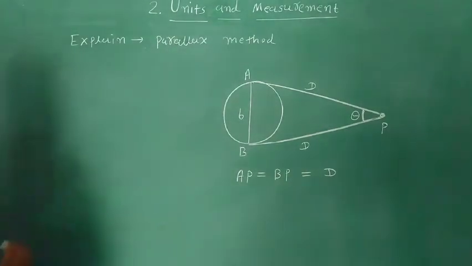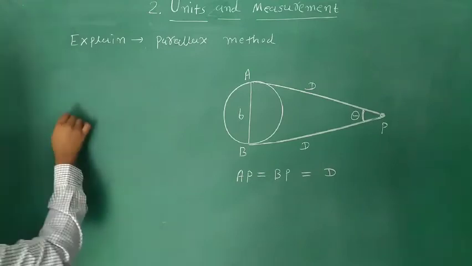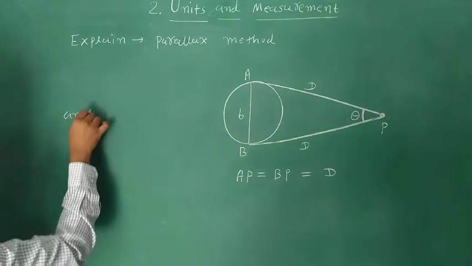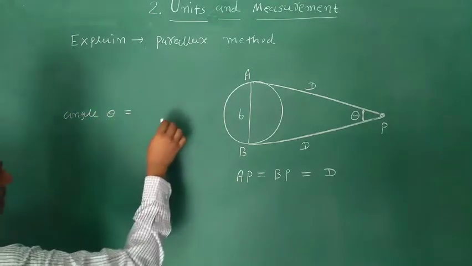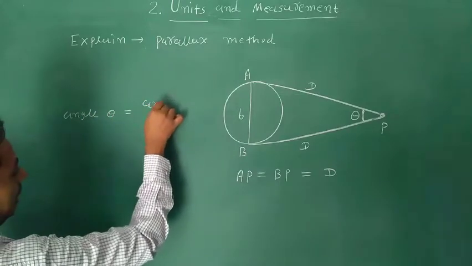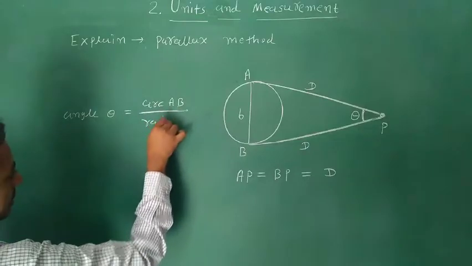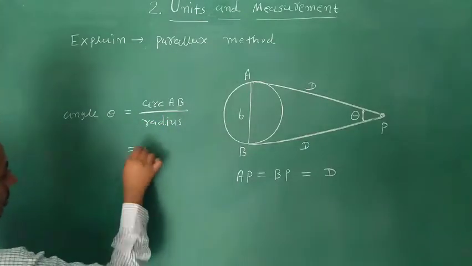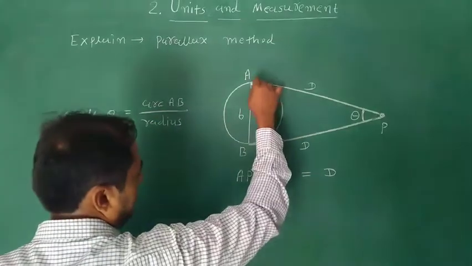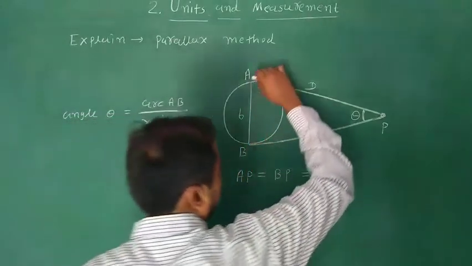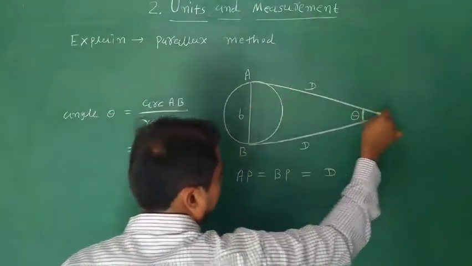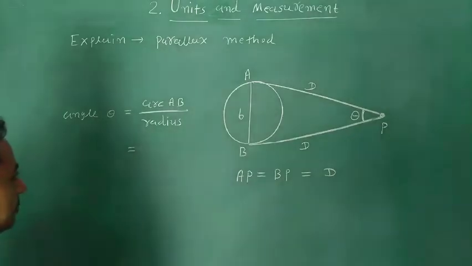Friends, according to the definition of angle, theta is equal to arc AB upon radius. Here suppose arc AB, and this is D, capital D is the radius.